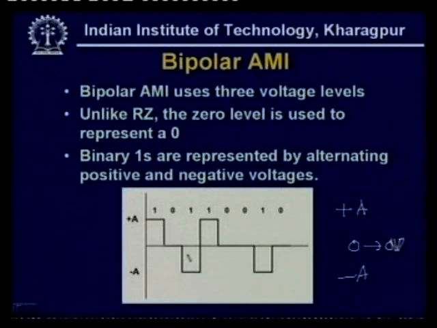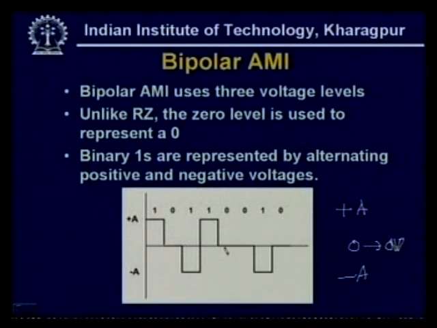It alternately changes. For example, for this it is plus A, the next one will have minus A, the next one will have plus A, the next one will have minus A. So, that is why it is called alternating: binary ones have alternating positive and negative voltages. This alternation can be sensed to identify ones.